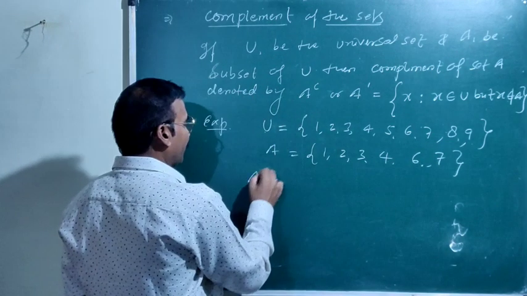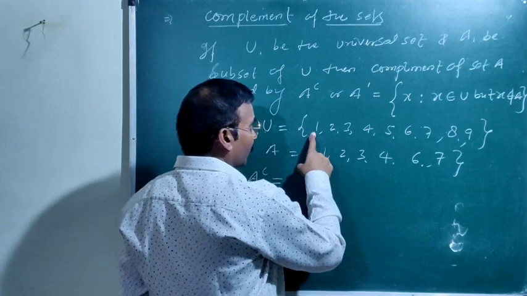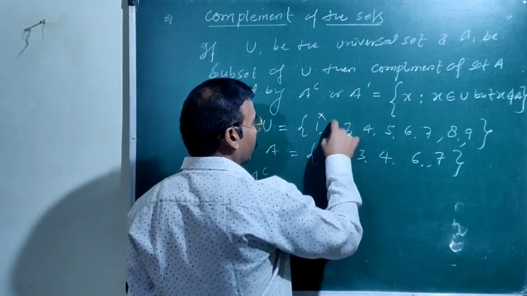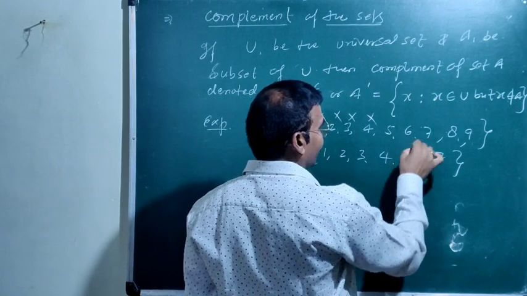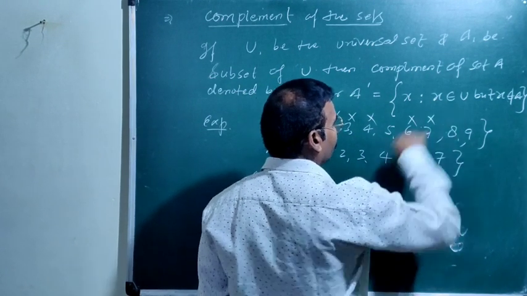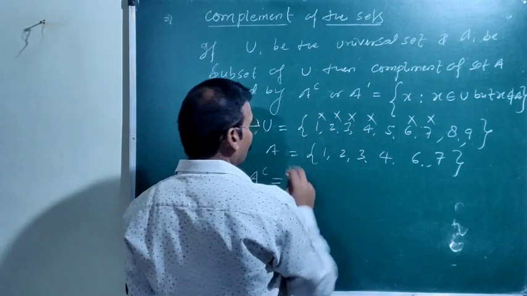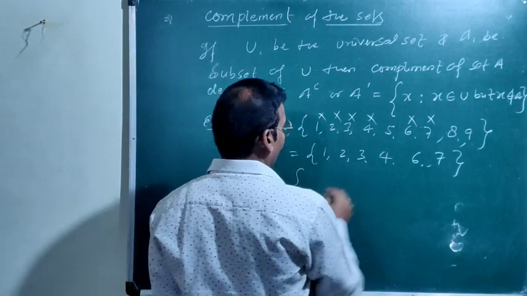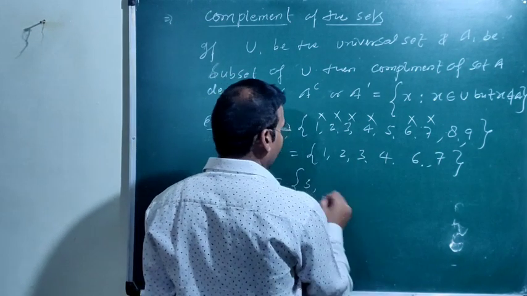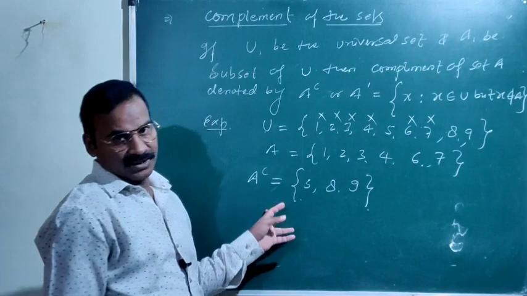Now the complement of A: just leave 1, leave 2, leave 3, leave 4, leave 6, leave 7. What are the elements remaining? The complement of the set A is only 5, 8 and 9. This is the complement of A.